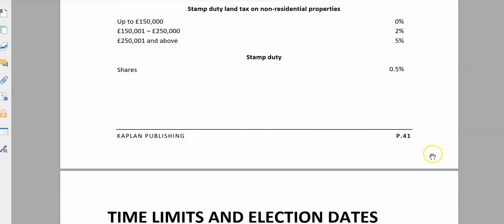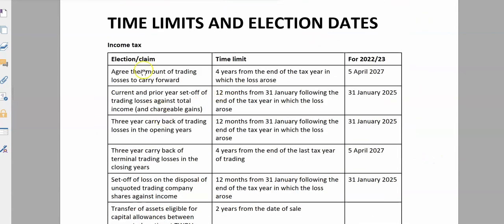So on page number 42, you have time limits and election dates. Okay, for example, the amount of carry the loss forward, that's 4 years, and this is the date for 2023.